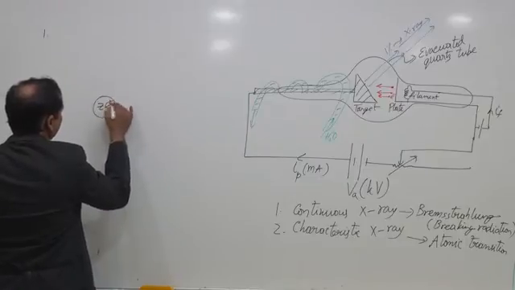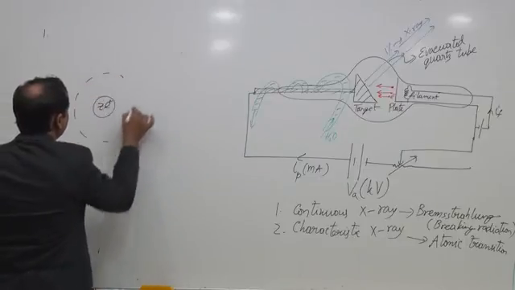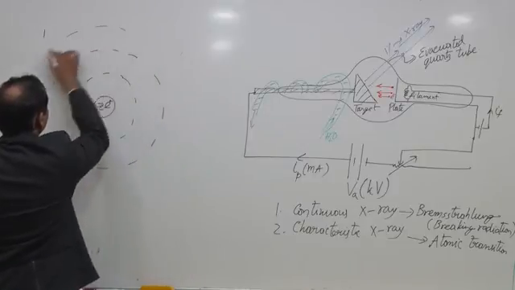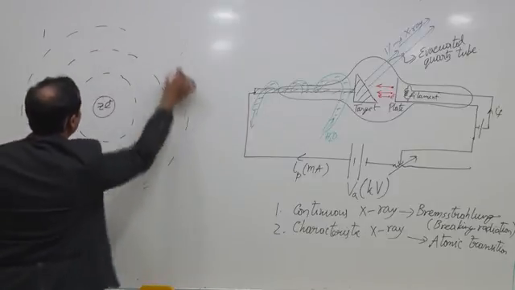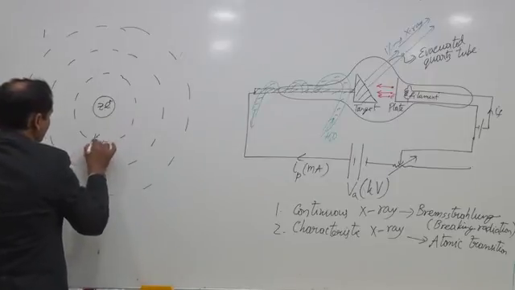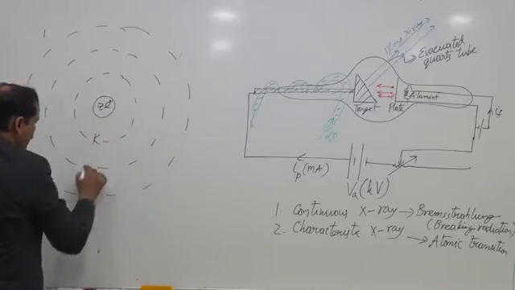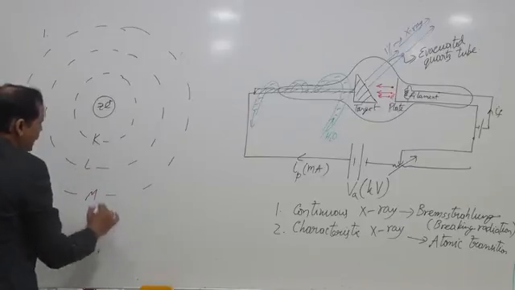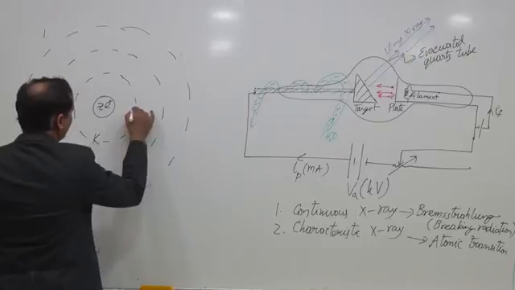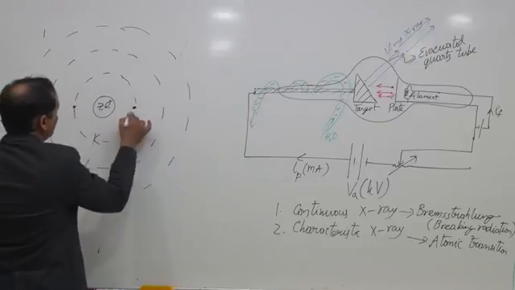We have a target element. Let me draw one such atom of the target element. We know the names of the orbits. We have given their names as K, L, M, etc. In the K shell there are 2 electrons.